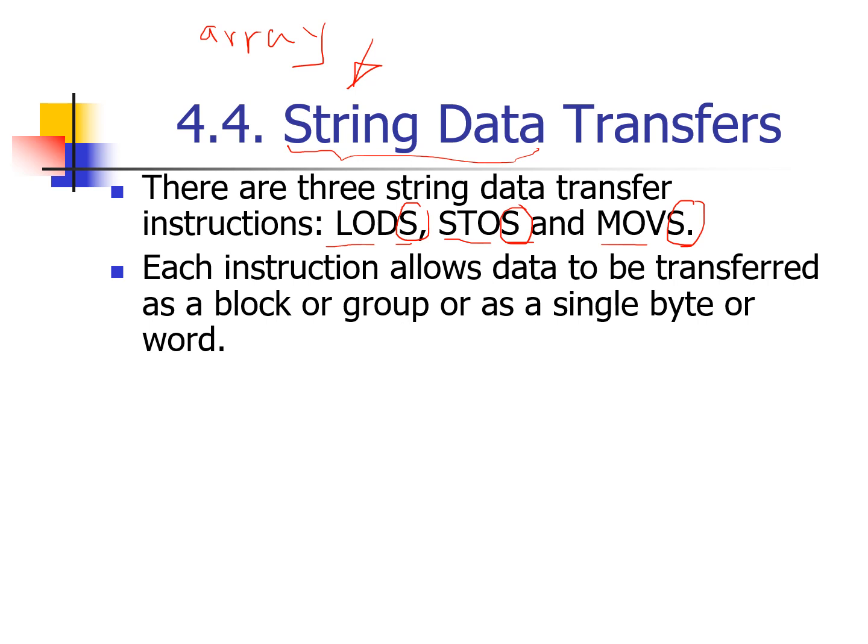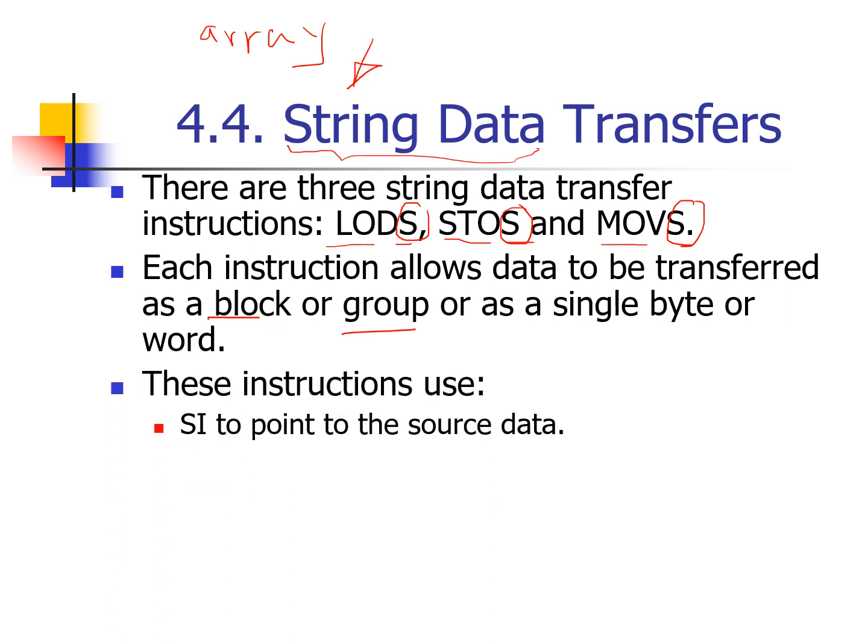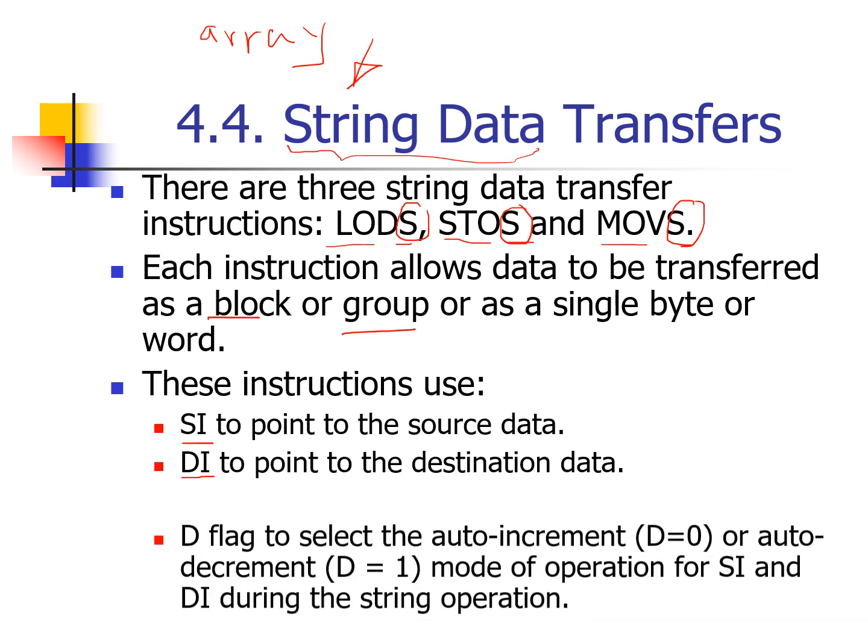So we're dealing now with a block or an array of bytes or words. And in dealing with blocks of data, we have to specify where to take the data from, where the source is, and we use SI to point to the source of data. DI now is dedicated to point to the destination.